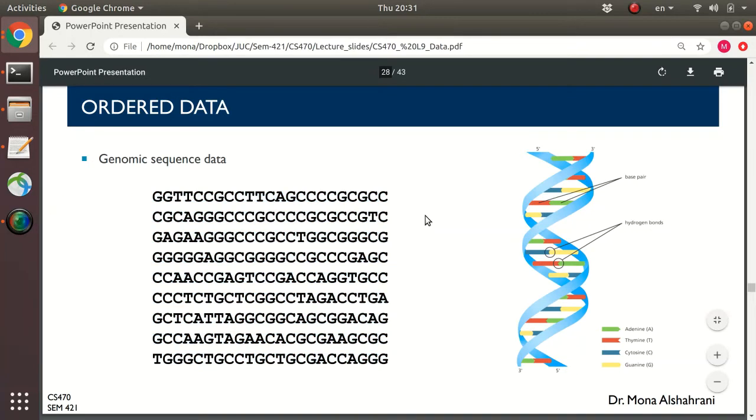The order of these amino acids matters because we as humans have some variations that make us different from each other, and those variations are a result of some differences in the location of such amino acids in the long sequence of the human DNA. So studying these differences, or what they call mutations, helps us find information about traits like hair color, height, and weight.